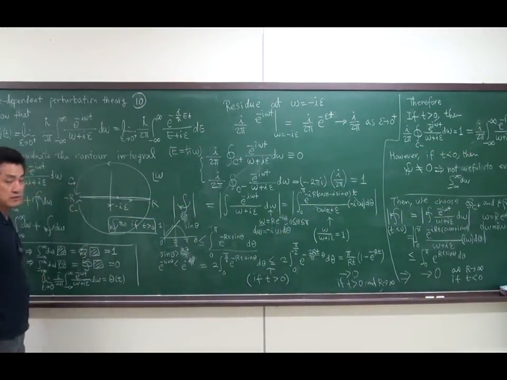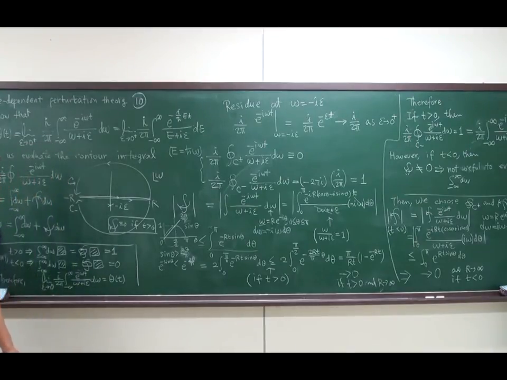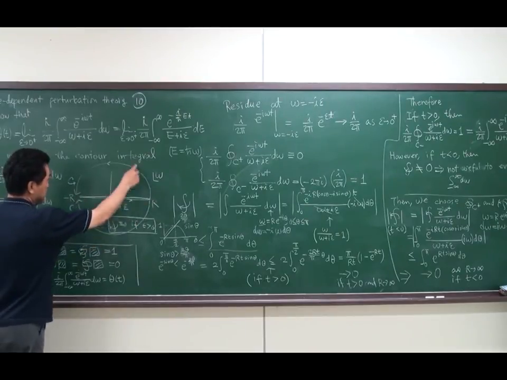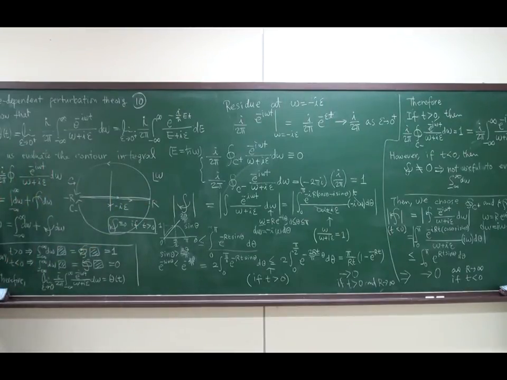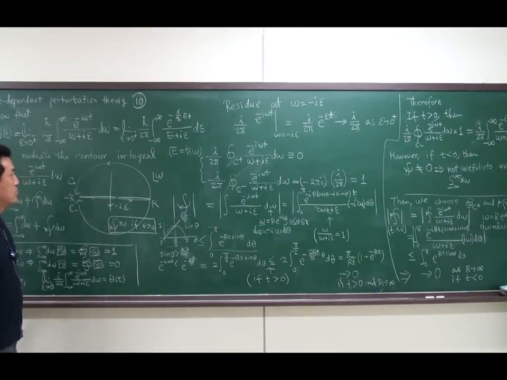So let us recall that the contour integral along the C plus contour was exactly 0, because there is no residue in it.